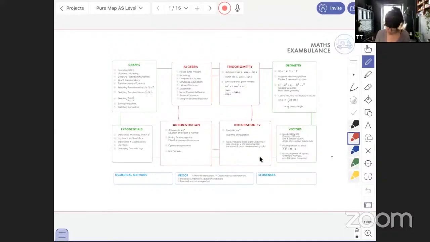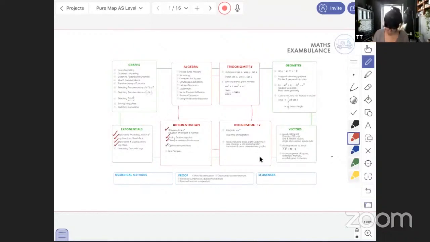Let's have a look at what we have talked about this week: all of exponentials apart from linearizing data with logs, which we'll do in a couple of weeks. We've talked about finding the equation of the tangent and the normal, the fact that stationary points are where the derivative is naught, and that stationary points can be split into maximums and minimums, and you need the second derivative to work that out.